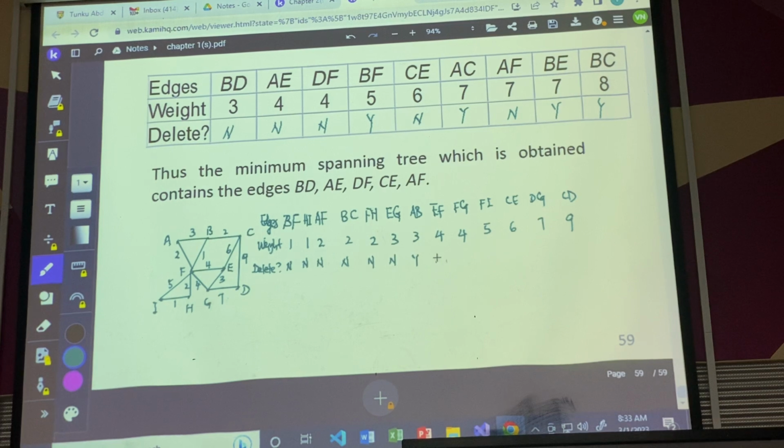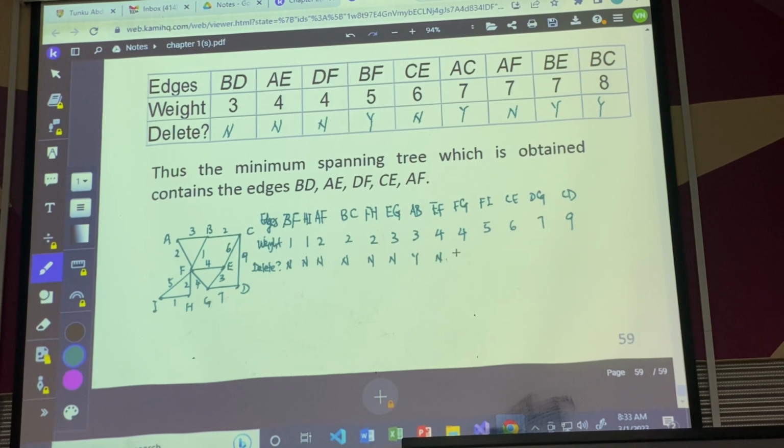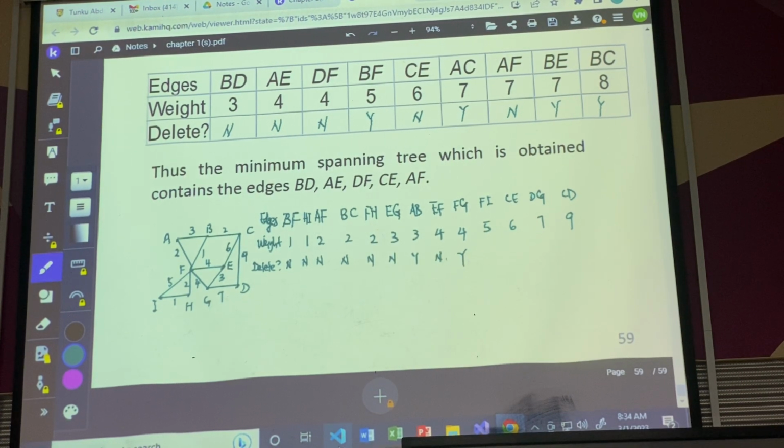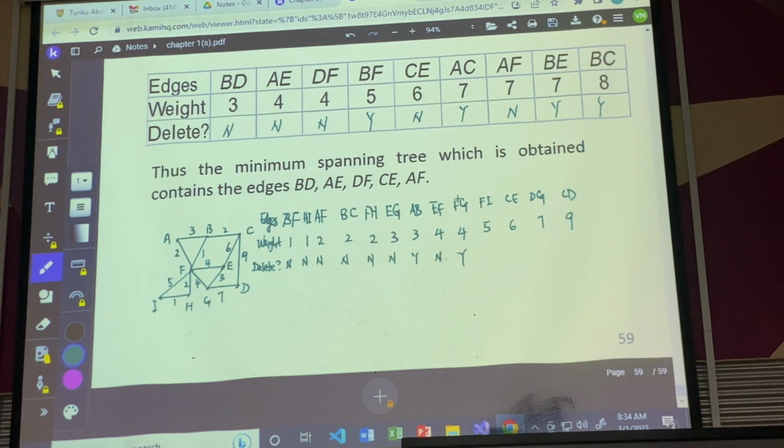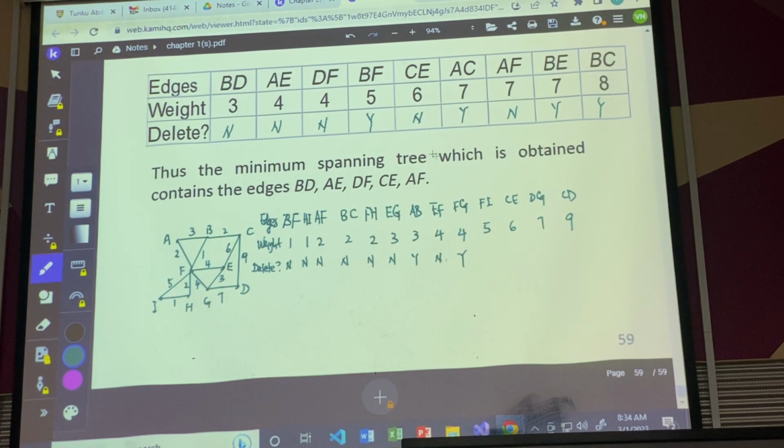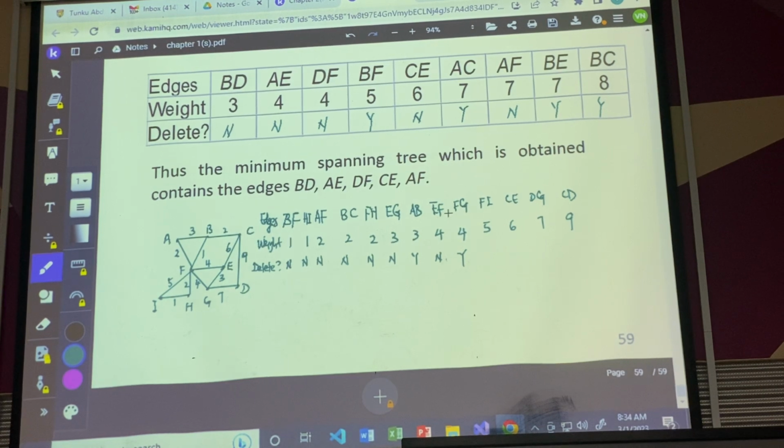So this one non delete, then this one should be delete. Yes. If you write your FG first, then you will choose your FG first, right? So if you put FG in front of EF in your table, you can choose FG, then you need to delete EF lah.